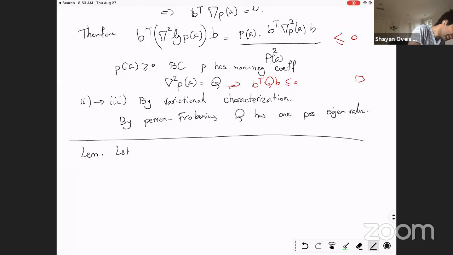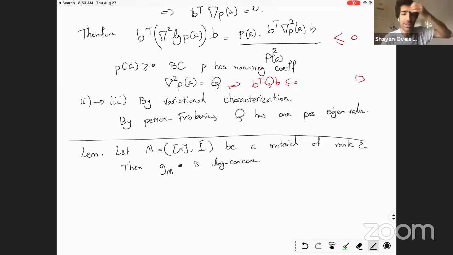Now let M equal (N, I) be a matroid of rank 2. Then I want to say that G of M is log concave.